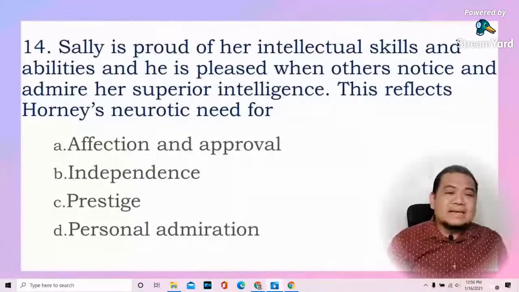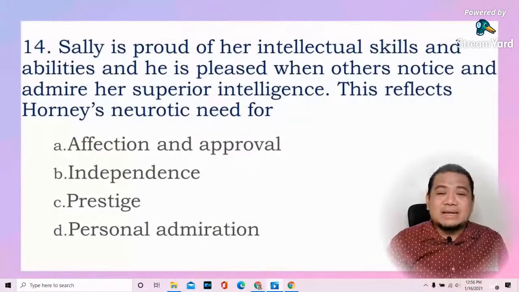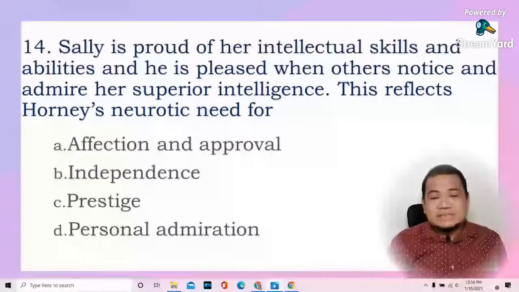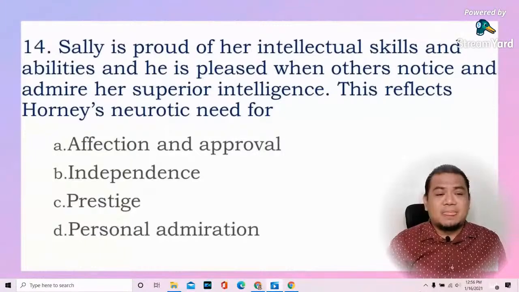Number 14. Sally is proud of her intellectual skills and abilities, and she is pleased when others notice and admire her superior intelligence. This reflects Horney's neurotic need for A, affection and approval, B, independence, C, prestige, or D, personal admiration.